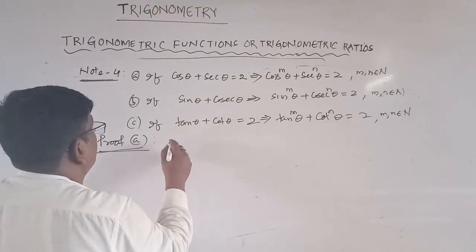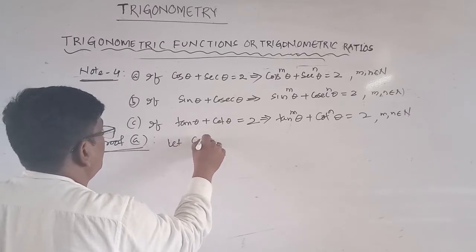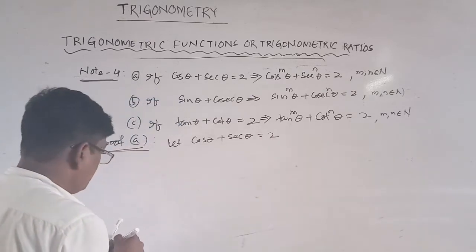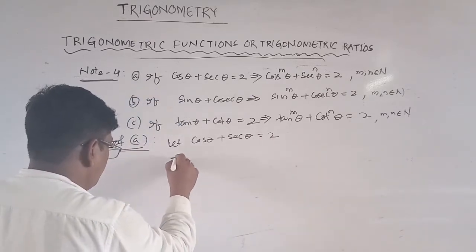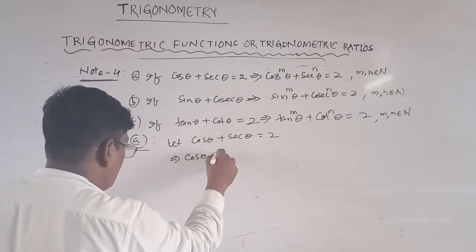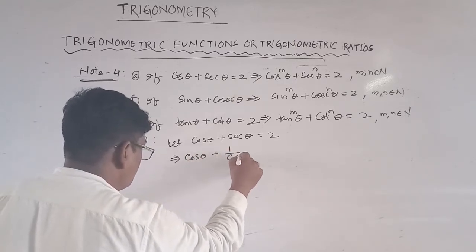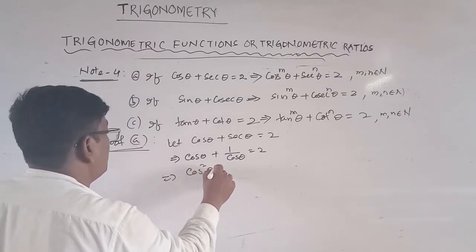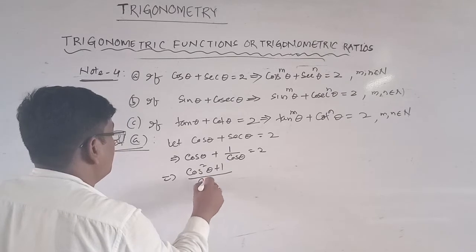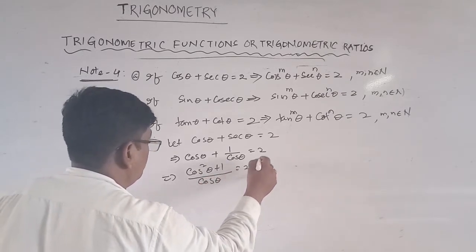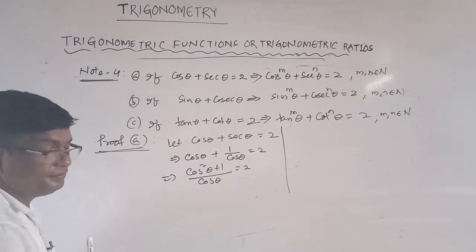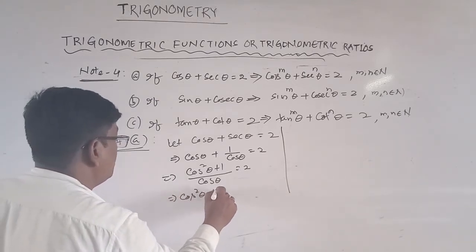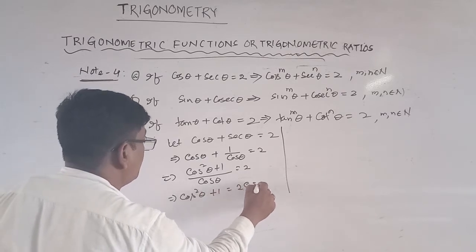Given, let cos theta plus sec theta is equal to 2. So cos theta plus sec, which means 1 by cos theta, is equal to 2. That implies cos square theta plus 1 divided by cos theta is equal to 2. Then cos square theta plus 1 is equal to 2 cos theta.